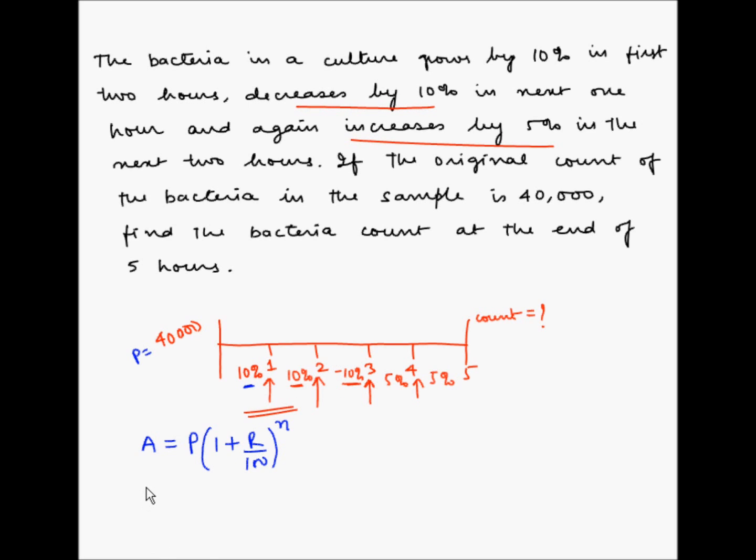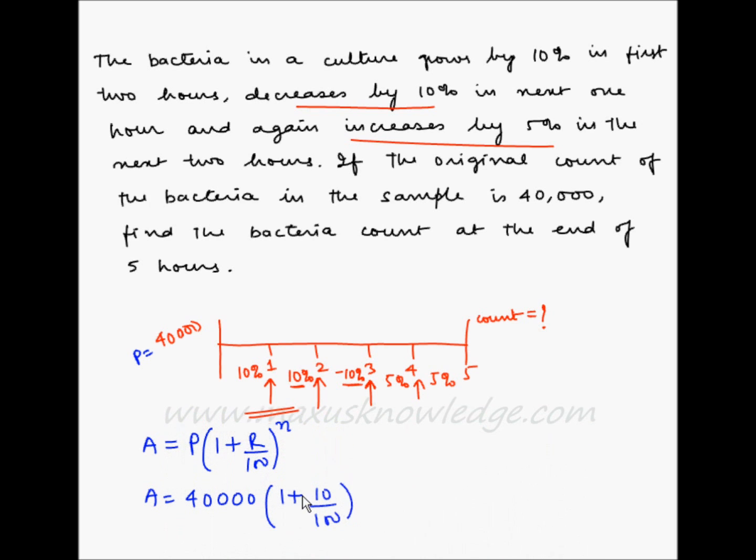So now A is equal to, so P is 40,000, so 40,000 multiplied by 1 plus, so let's take the first hour. So the first hour the growth is 10%, so rate is 10 divided by 100. So this expresses the growth of bacteria during the first hour. Now the second hour, again the rate of growth is 10%.